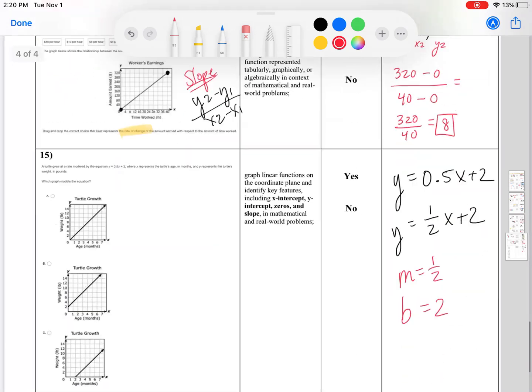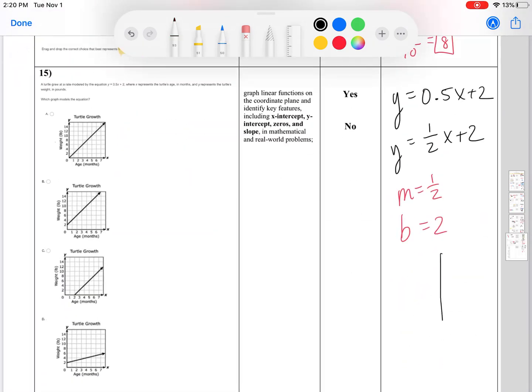So to graph this line, b stands for begin, so we begin at the number positive 2. M stands for move, so we're going to rise up 1 over 2. Up 1 over 2. And then we connect our dots.